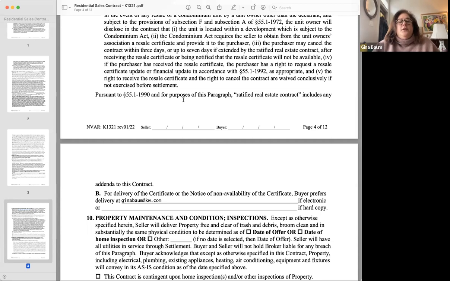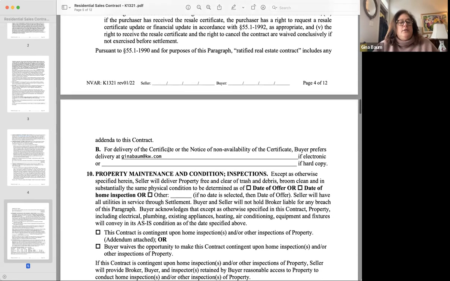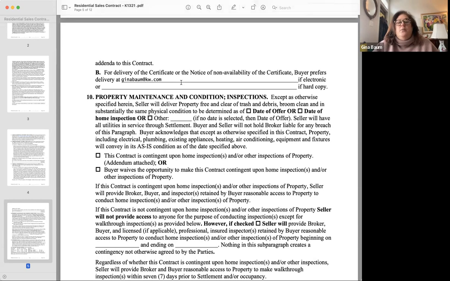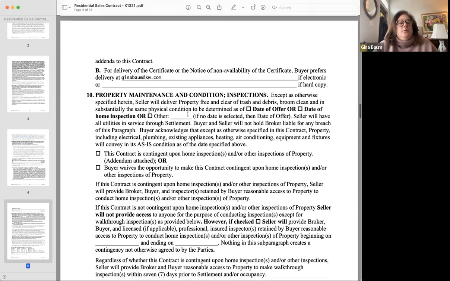For the purposes of this paragraph, ratified real estate contract includes any addenda to this contract. So for the delivery or notice of non-availability of the certificate, the buyer prefers delivery to, and as is here, my name, and the buyer is what I normally do.